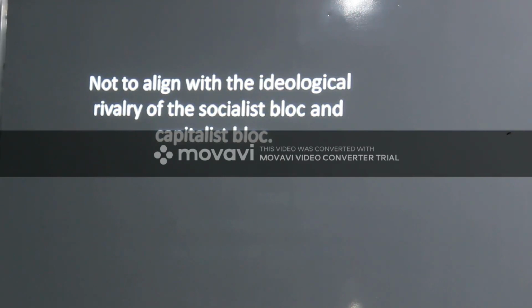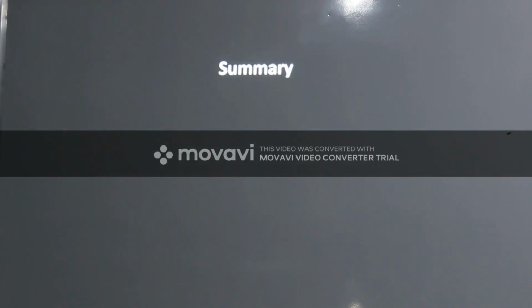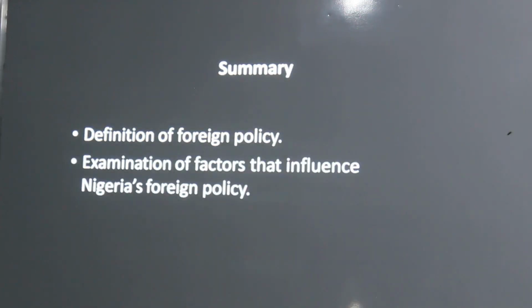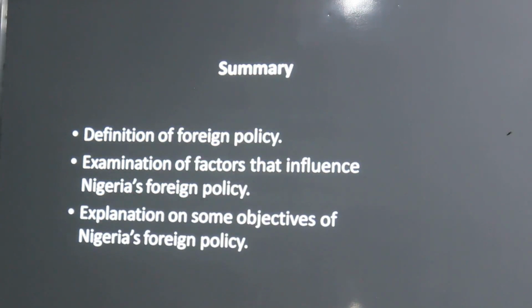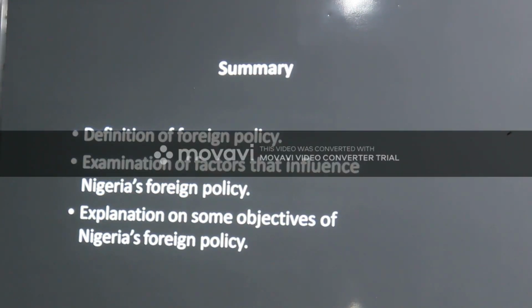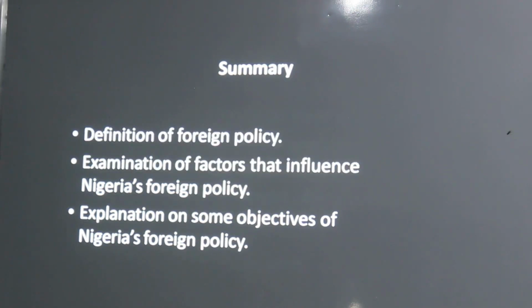Now, students, I would want us to just summarize what we have discussed so far. Alright, the summary is on the board. Definition of foreign policy, which we say is the total decision or guidelines or principles that guide the relationship of a particular nation in its interaction with other countries of the world.